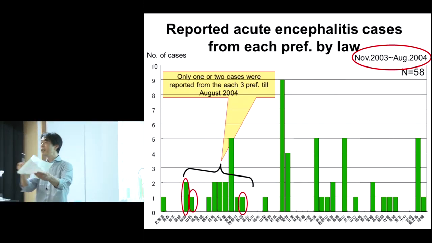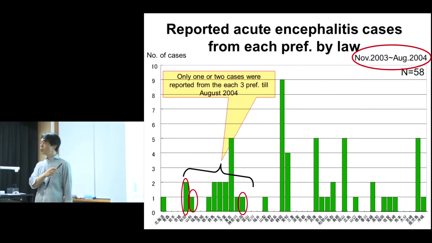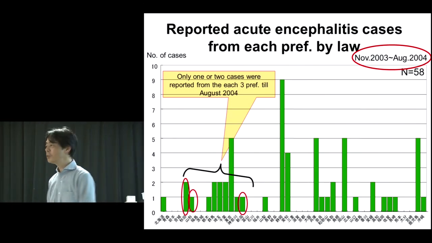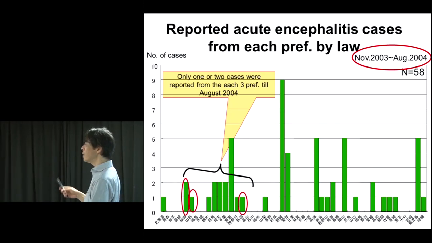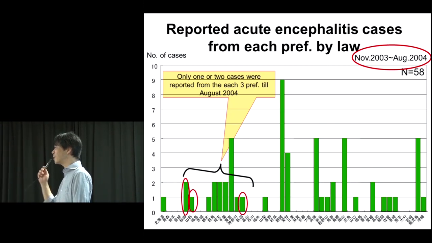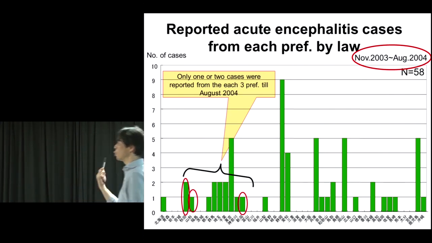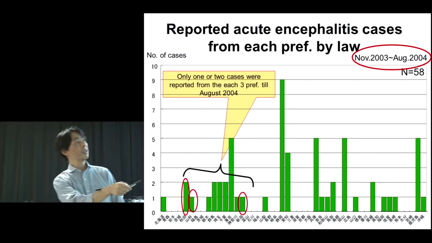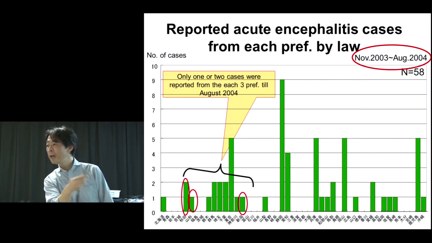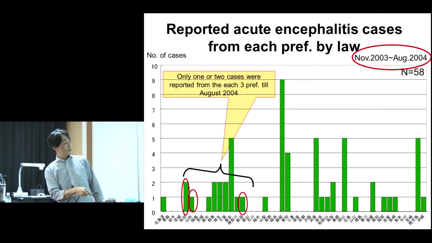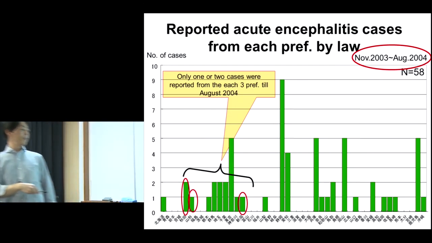It includes many diseases. In Japanese, there is a category called acute encephalopathy. It includes various diseases, not only infectious diseases but also encephalopathy of unknown cause, and autoimmune diseases. So this is surveillance information.